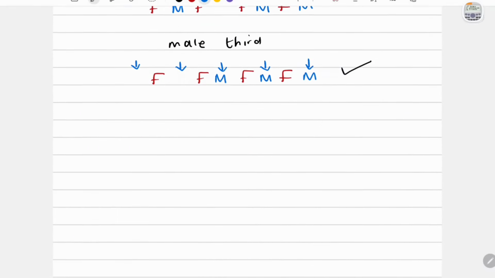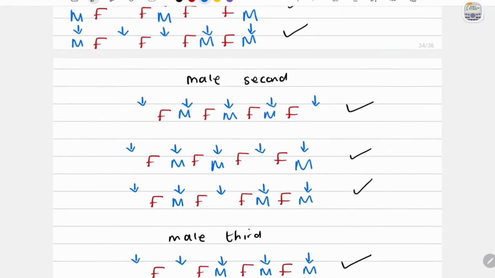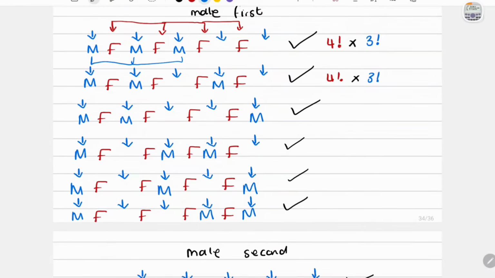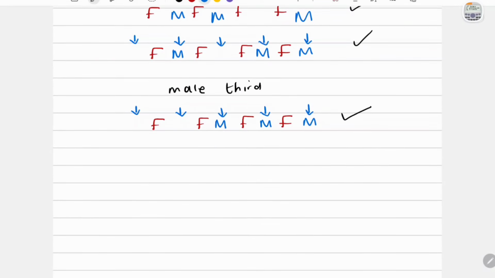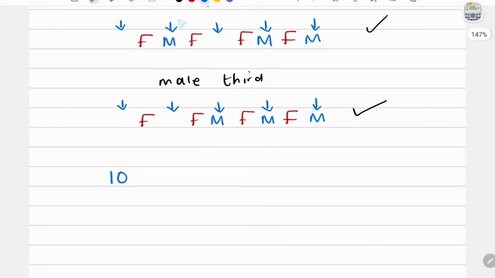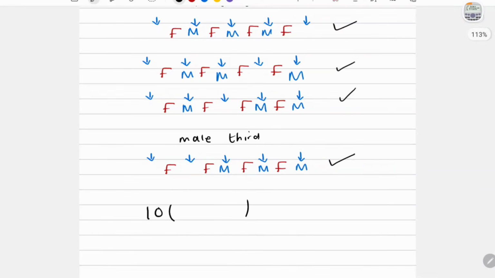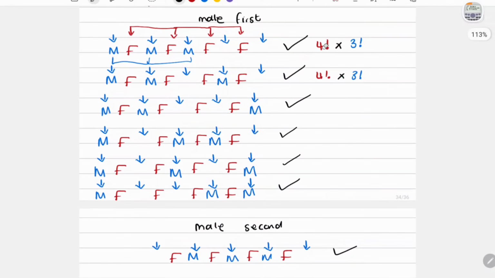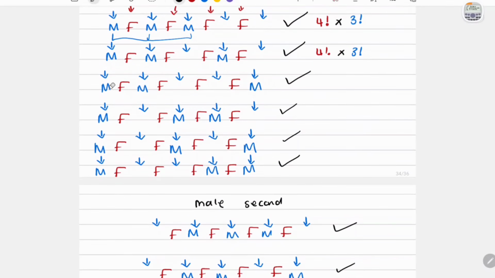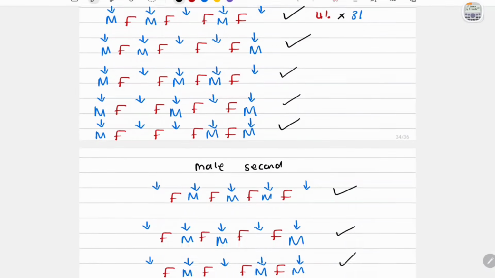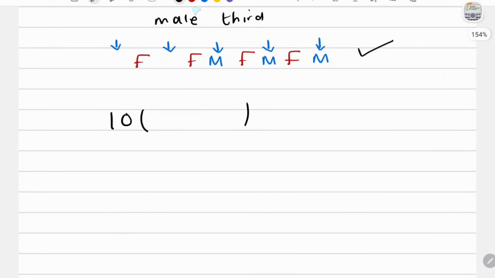Okay, so because I know that there are 10 pictures or 10 categories that we can have like that, I'm saying it's 10 of that multiplied by each of them, which are all going to be 4 factorial times 3 factorial because of the type of patterns they create throughout. So 10 multiplied by 4 factorial times 3 factorial. And that's going to be our answer.